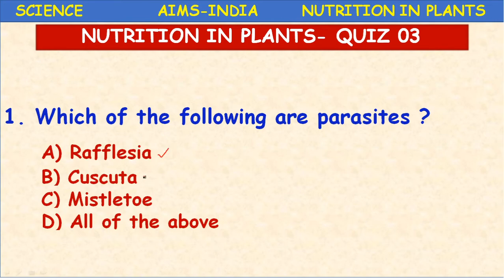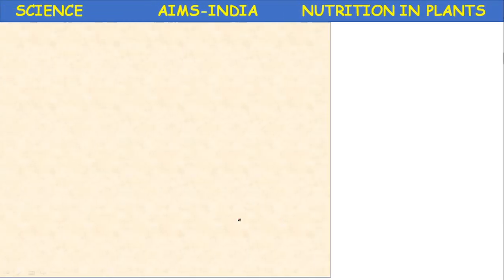Cuscuta is a total stem parasite. Mistletoe is a partial stem parasite. So which of the following are parasites? Options A, B, C, so all of the above. The answer is D. Next question.